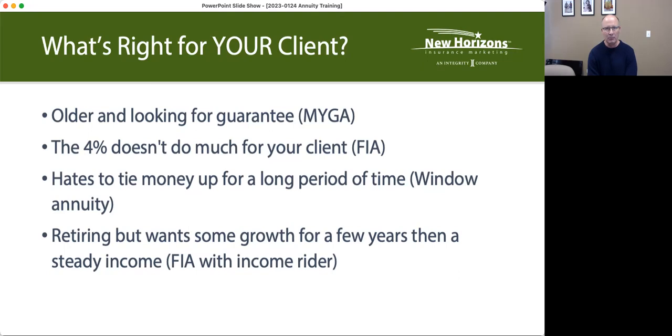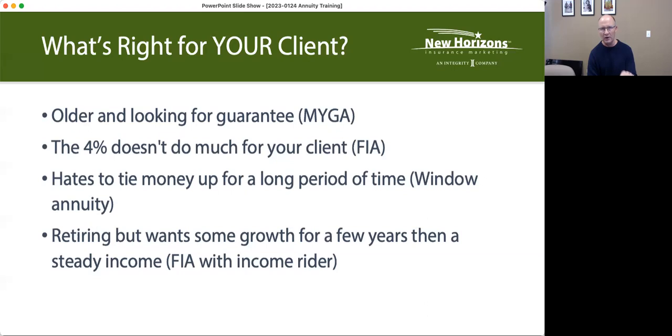So we have a couple of really competitive, especially right now, window annuities. Even though they are in a 5-year chassis, within a 5-year annuity, they give you the opportunity to get out after 1 year with no penalty.